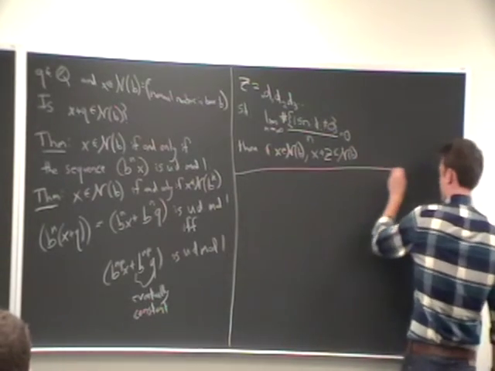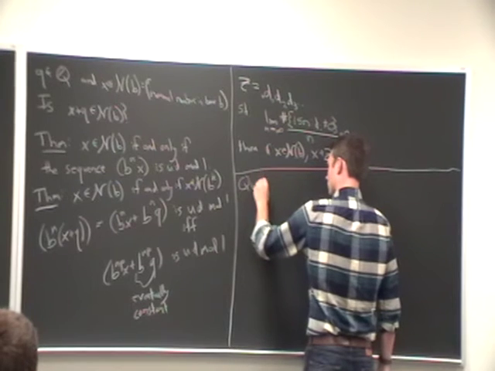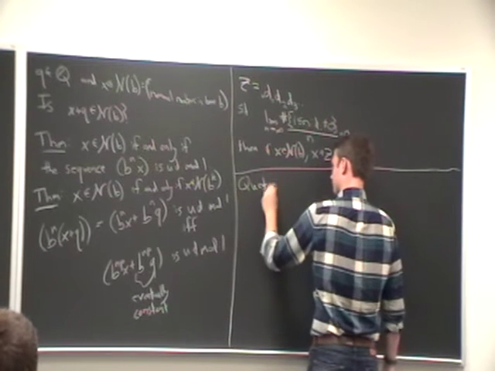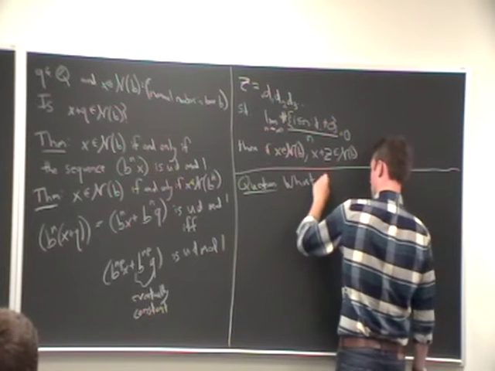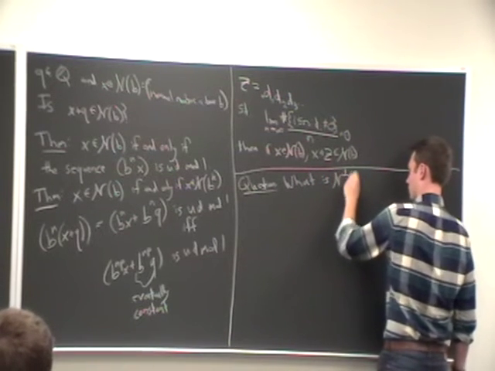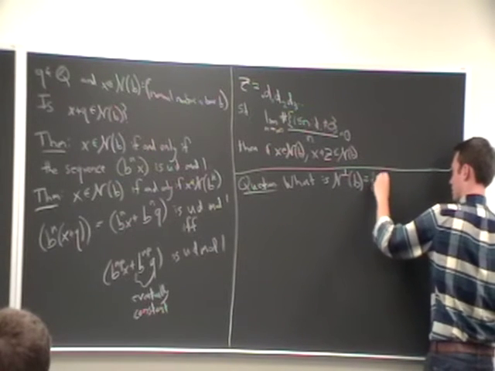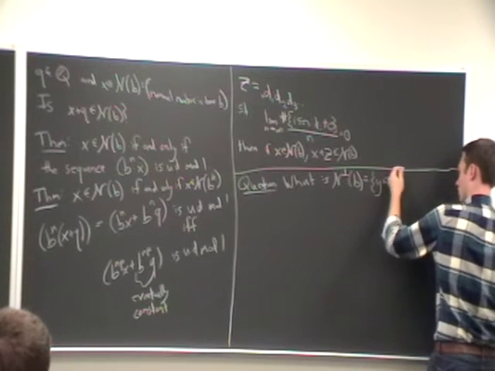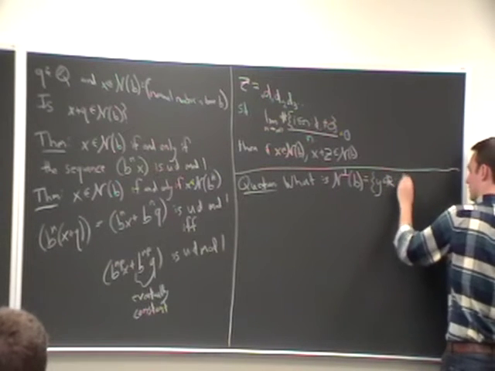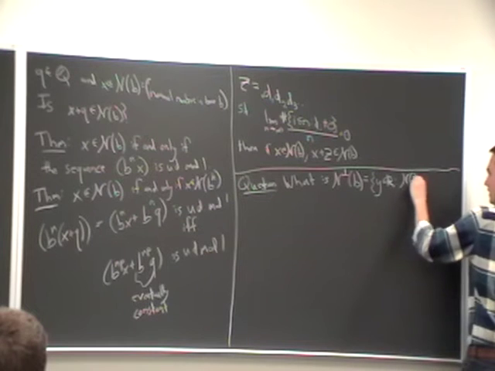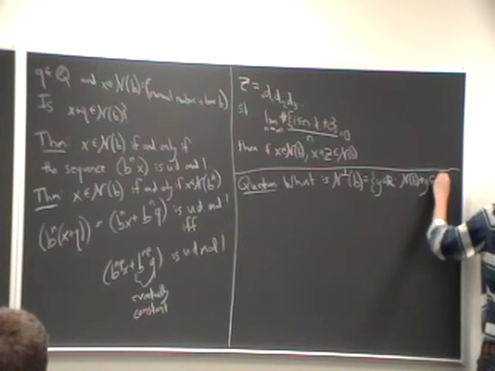Okay, so this motivates the following question. What is N perp of B, which I'm going to define to be the set of all real numbers y such that if you add a normal number to y, you get a normal number back.